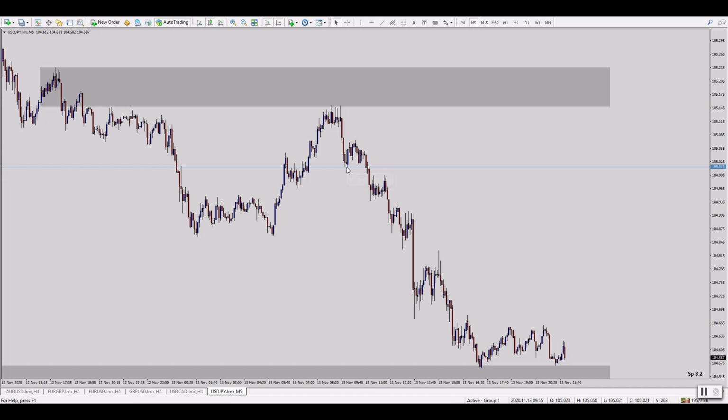Now when you see this low form here, this low is not demand. Very often it'll be a lovely sort of SR level, and again that SR level is not demand. A demand zone is a rally based drop or a drop based rally. It is not a swing low.